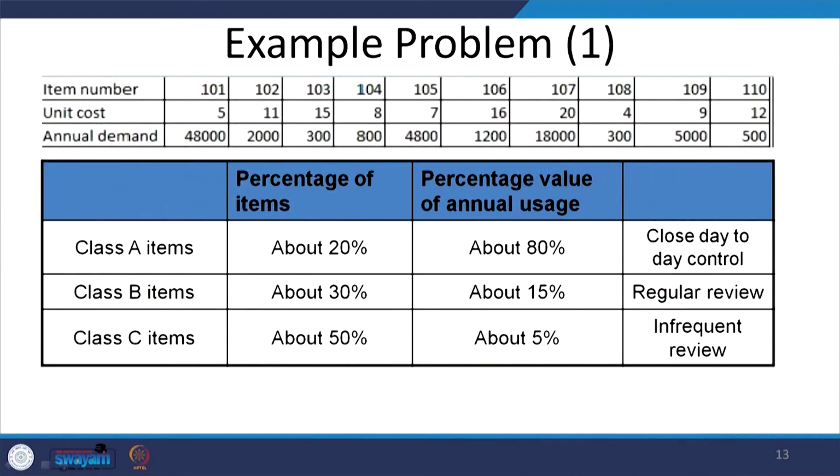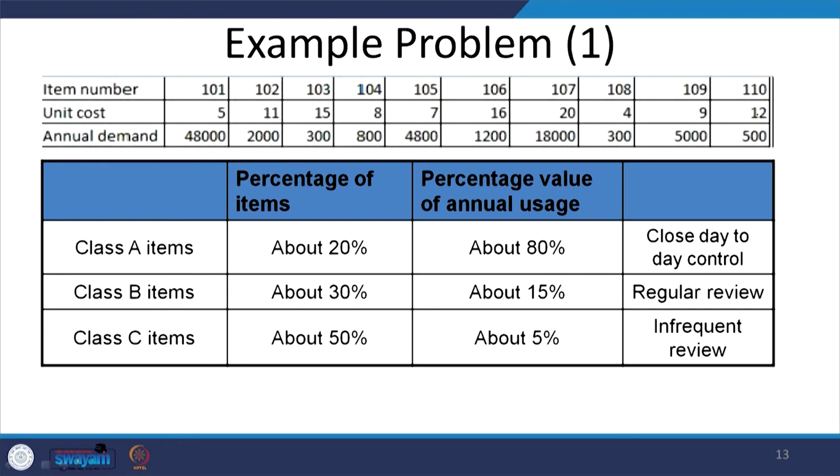Now, on the basis of this ABC classification, we can also have a numerical example. In this numerical example, we have different types of items. Items are given by their code numbers, 101, 102, up to 110, and unit costs are also given like 5, 11, 15, 8, 7, 16, 24, 9, 12.